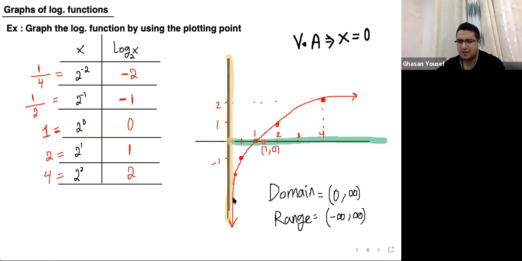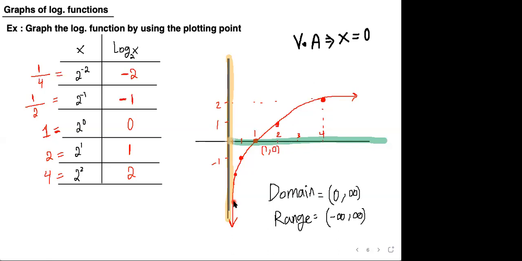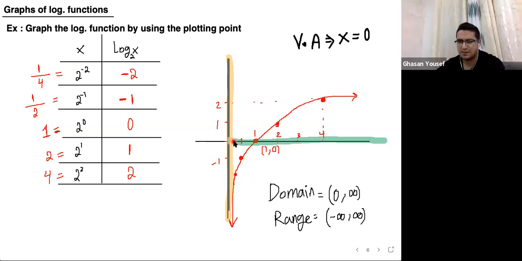As we see here, at the end of this curve, the blue curve will be close to this vertical line. This is x equals 0. It will be close to this line, but it will not touch this line. So a vertical asymptote is basically the line that the curve is close to but won't touch. Yes, close to it, and it will not touch.